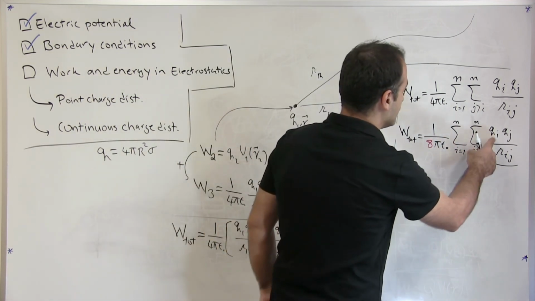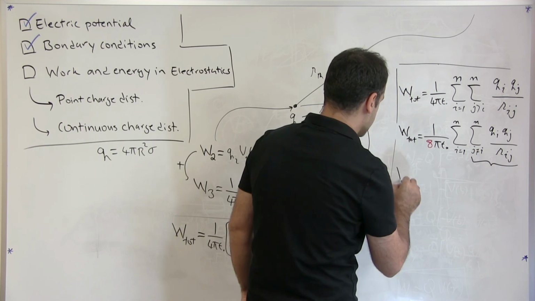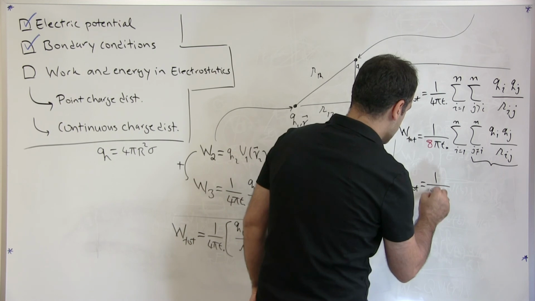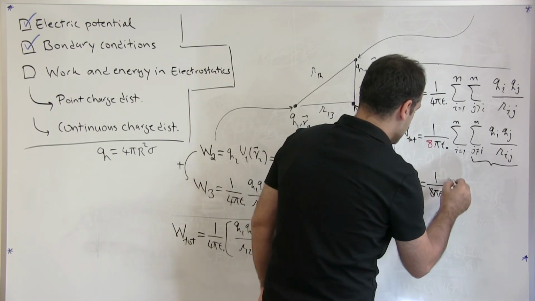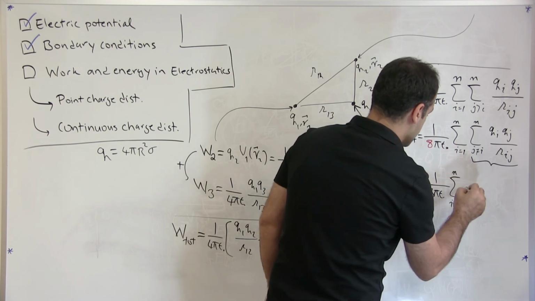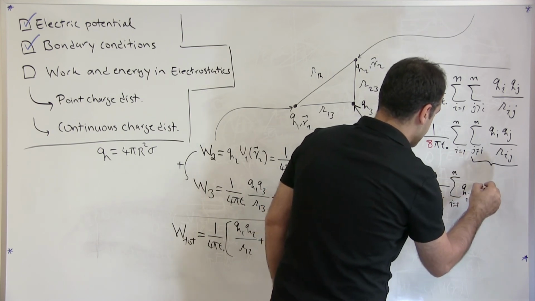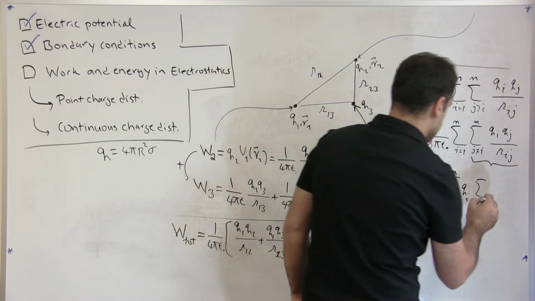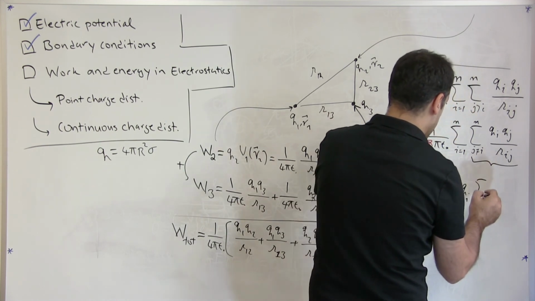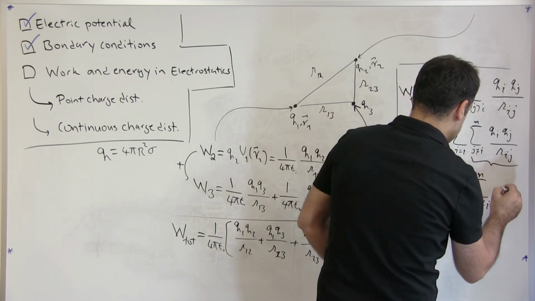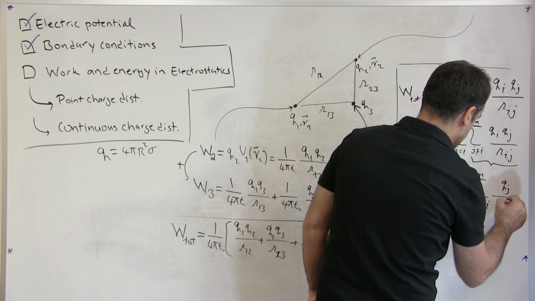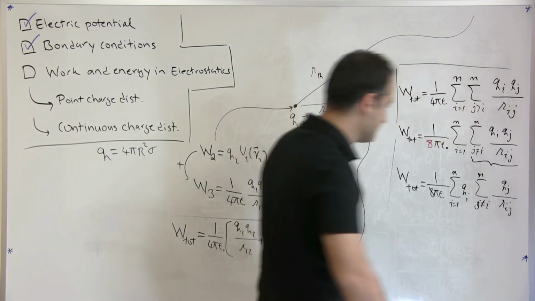So you can pull q_i out of the second summation and write W total is 1 over 8 pi epsilon 0, sigma over i from 1 to n of q_i, and then sigma over j not being equal to i from 1 to n as well, of q_j divided by r_ij.